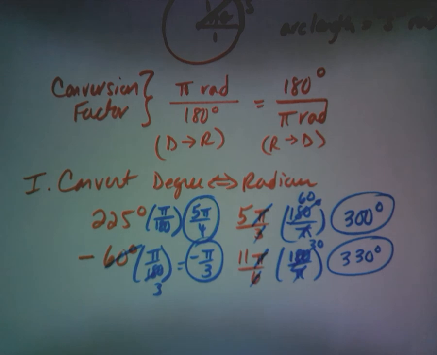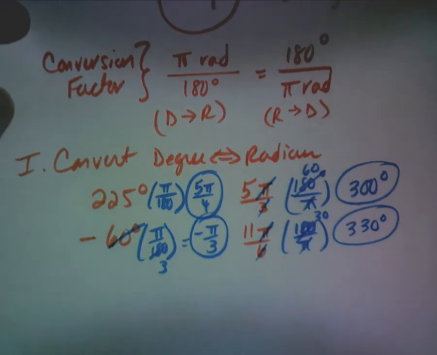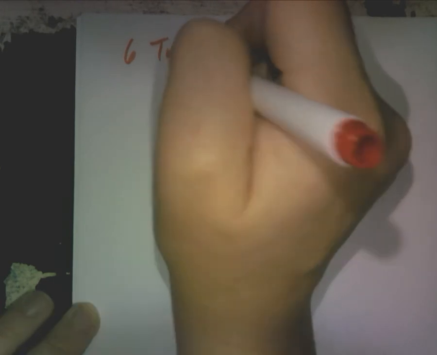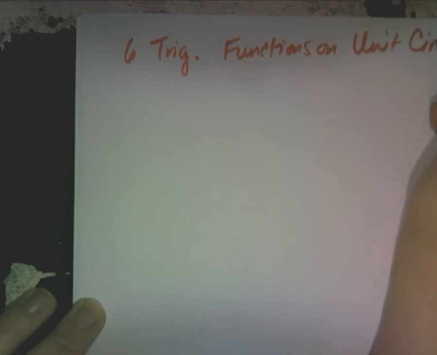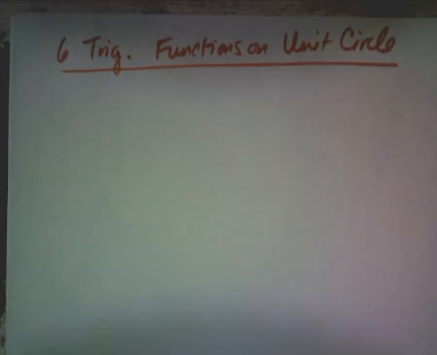And now for the thing that I just passed out to you. The 6 trigonometric functions on a unit circle. And you are going to want to, obviously, to the best of your ability, look at this, memorize this, love this.